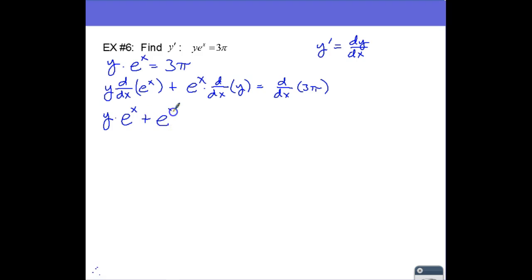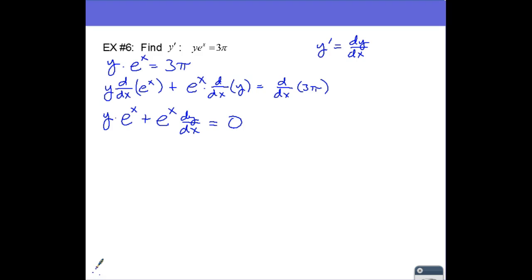So now we have e to the x times, and the derivative with respect to x of y is simply dy/dx. And that's going to be equal to the derivative with respect to x of 3 pi. There's no x there, so it's a constant, and the derivative is 0.